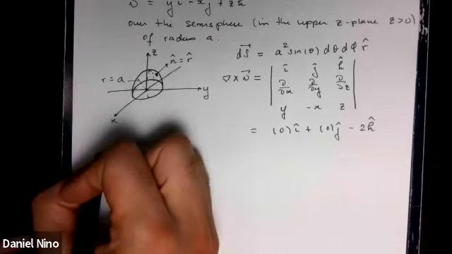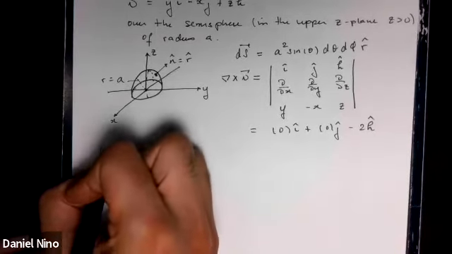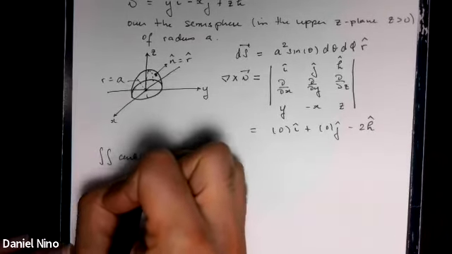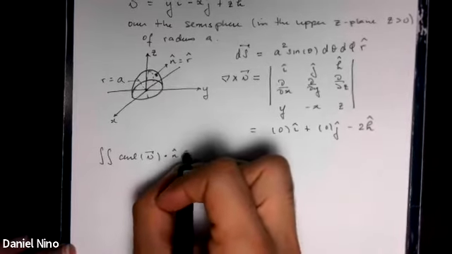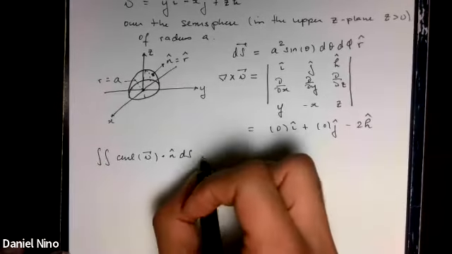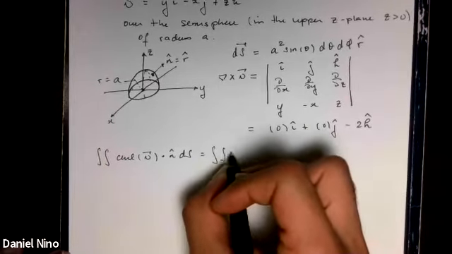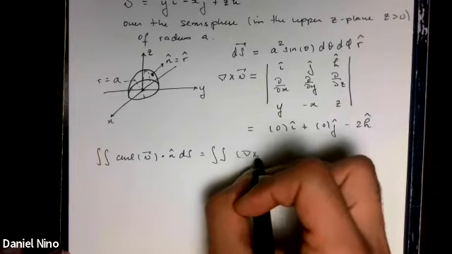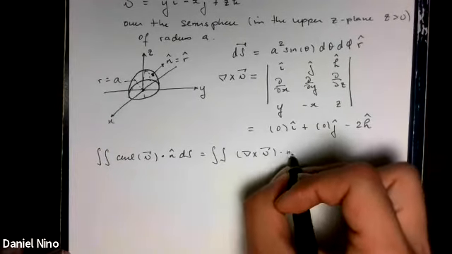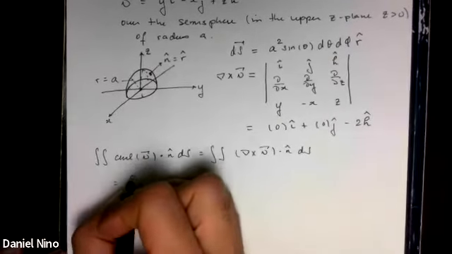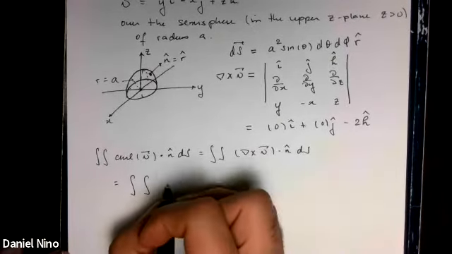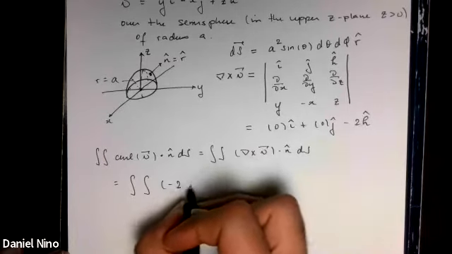So our surface integral, curl of phi times our surface element, which we know should be equal to this. We calculated the curl, which was -2 k hat.